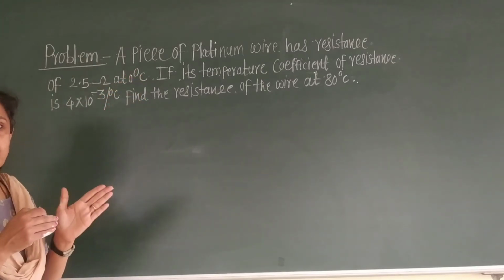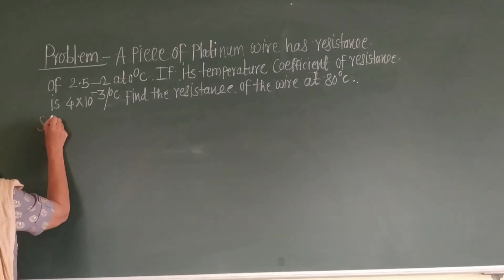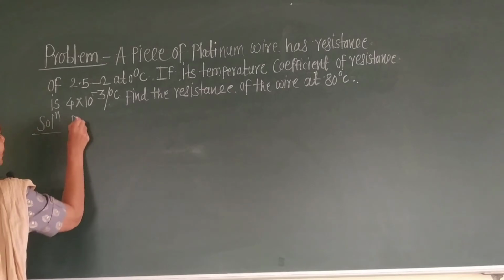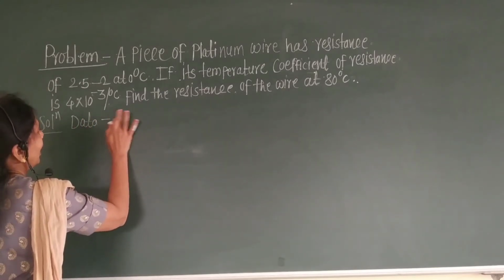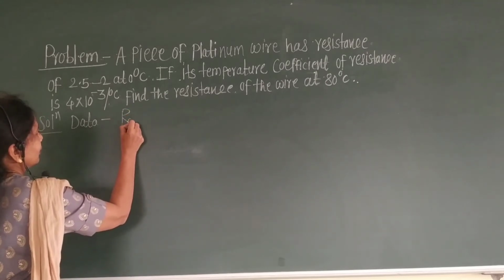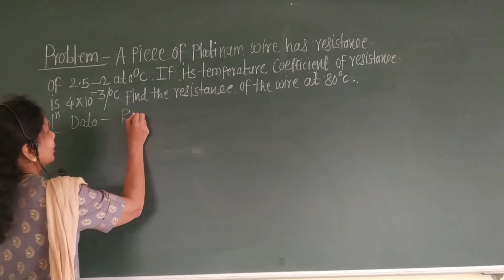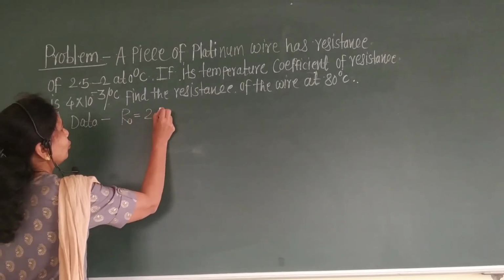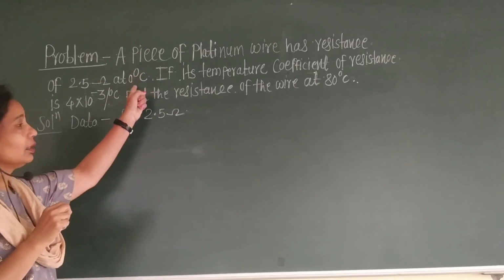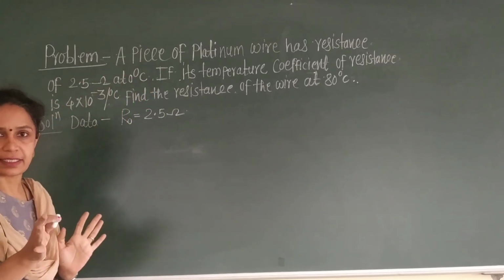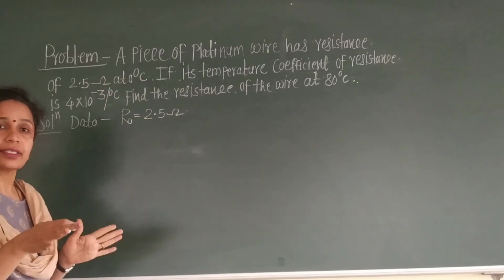So here is the solution, in data. First we are given R naught, the original resistance of the platinum wire, equal to 2.5 ohm at 0 degree Celsius, the original temperature.